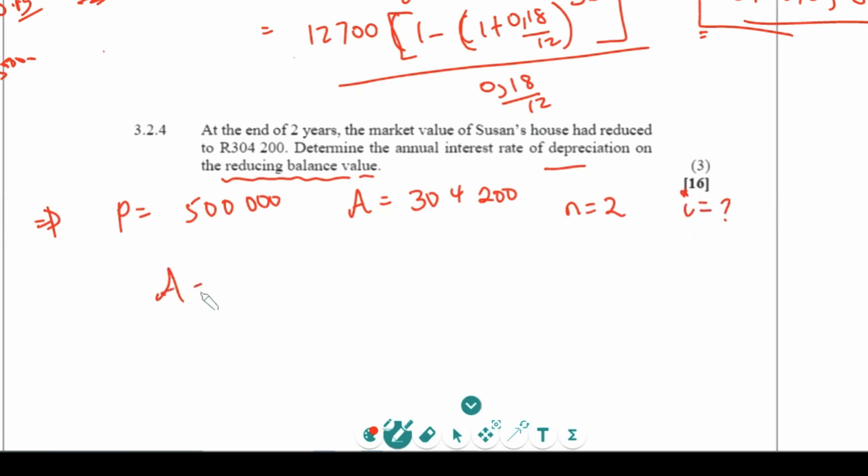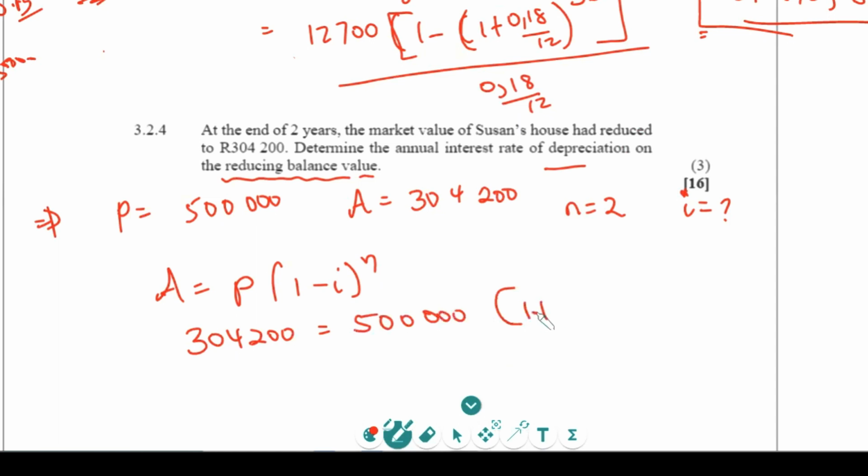So the formula for reducing balance is A equals P into 1 minus I to the exponent of N. Substitution: 304,200 is equal to 500,000 into 1 minus I to the exponent of 2.